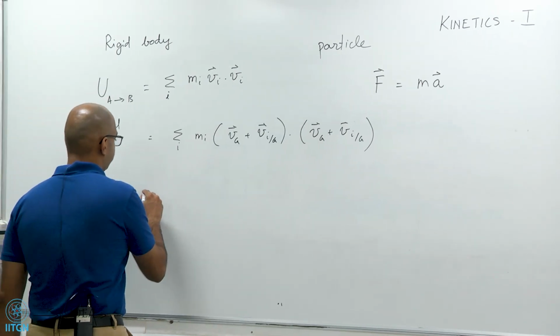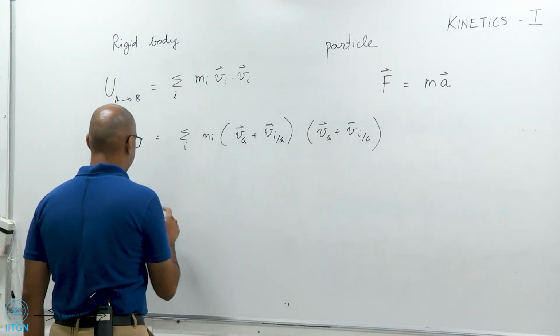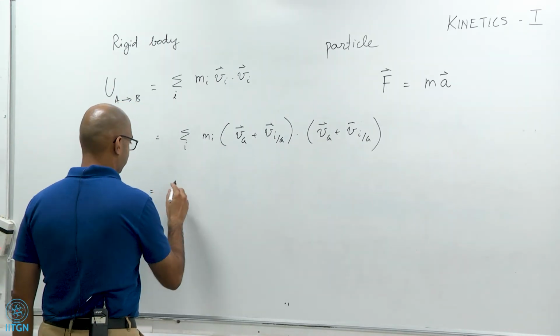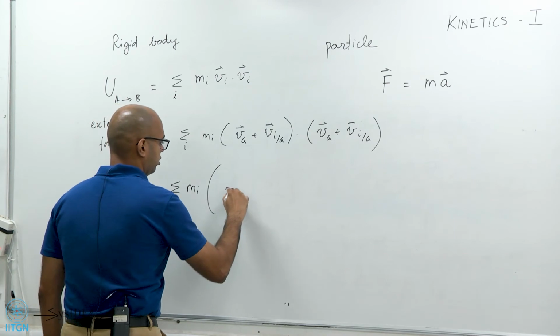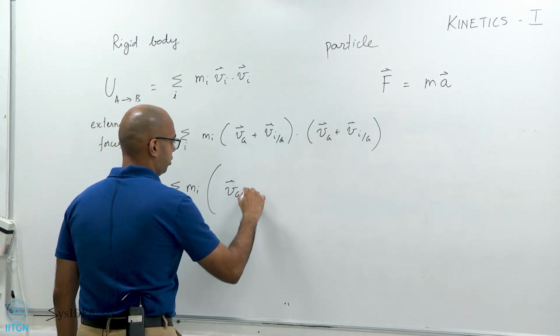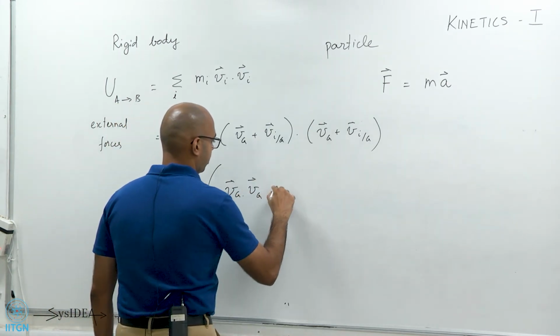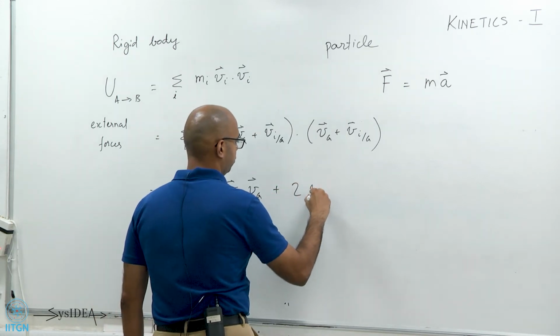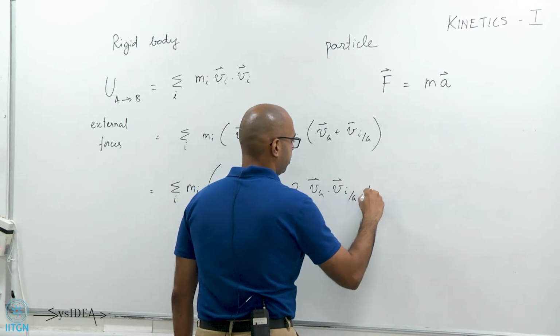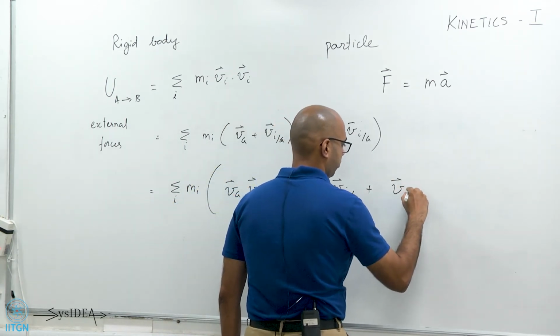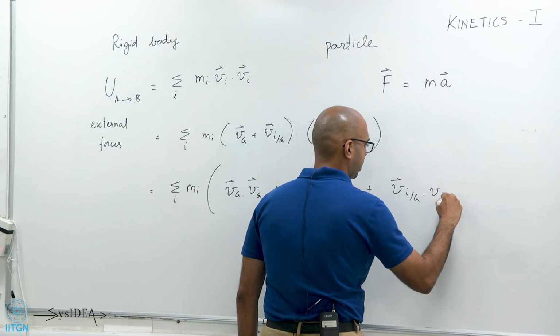So this obviously gives me 3 terms because this is like a square term. So I get vg dot with vg plus 2 vg dot with vig plus vig dot with vig.